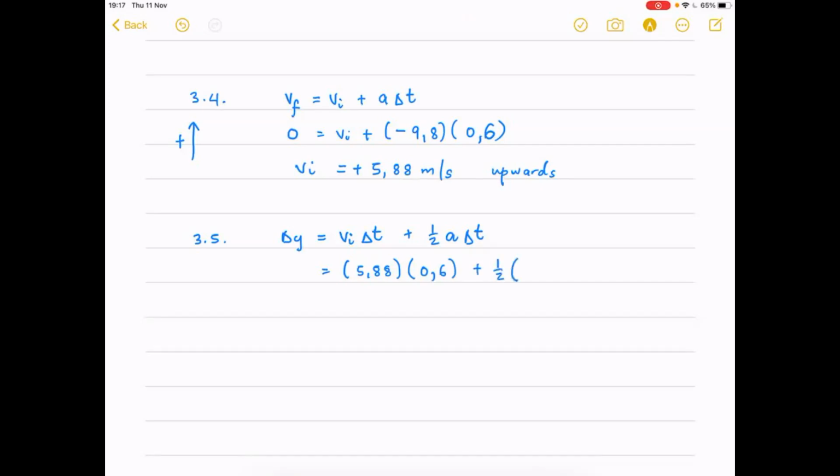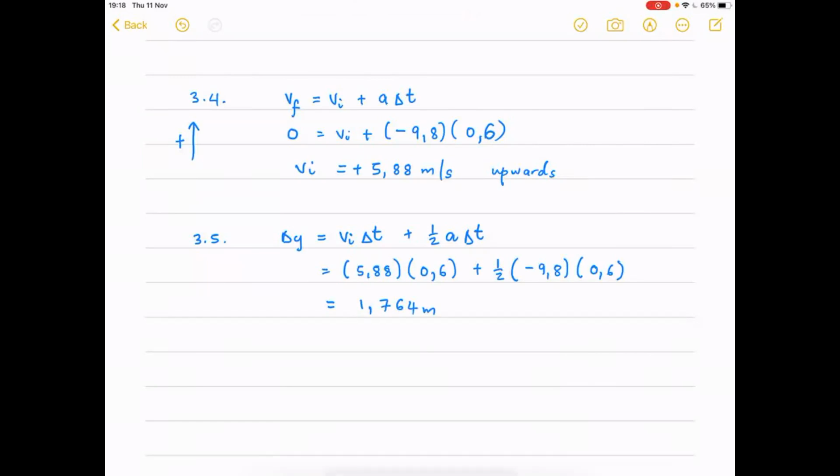A is going to be minus 9.8. Delta t is 0.6. Okay, so this is easy peasy. Put that into your calculator and you should get 1.764 meters.